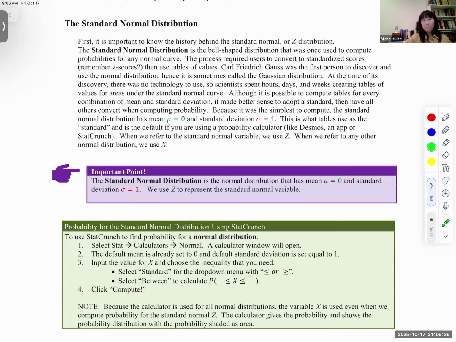So basically, the z-score is unitless, right? We are standardizing everything by using the z-score, okay? But look, we are going to use StatCrunch for finding area and z-score, all right?